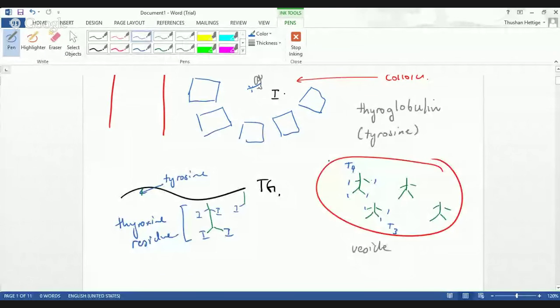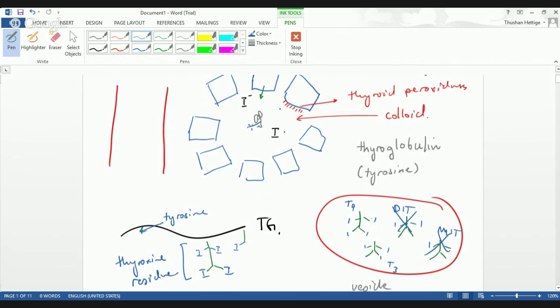Can you see what I'm drawing? Okay, good. And then that is diiodothyronine, DIT, and this is monoiodothyronine. But no one gives a damn about these two. These don't work. These are inactive. So now, these are basically secreted into the circulation by exocytosis.